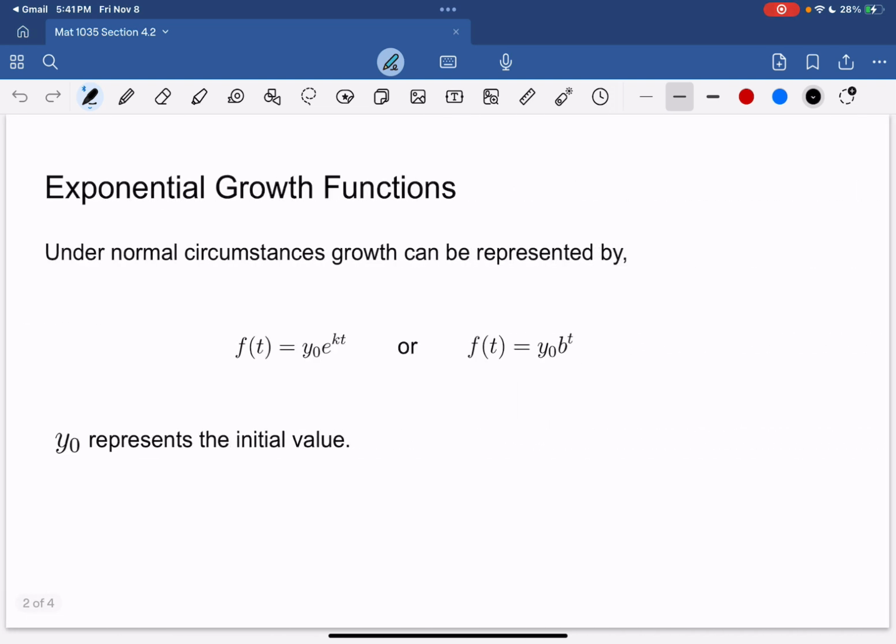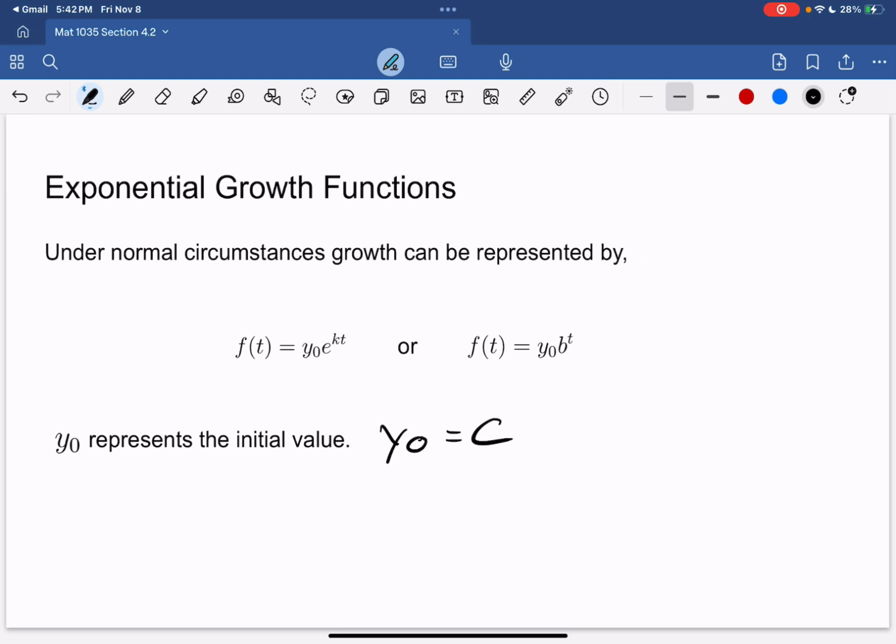All right, so under normal circumstances, just meaning we have a kind of regular growth or decay, we can represent that exponential growth as a function. So here in the book in 4.2, it does change the variables and what they are, but you can just think of y naught, which is that little y to the 0, as c.